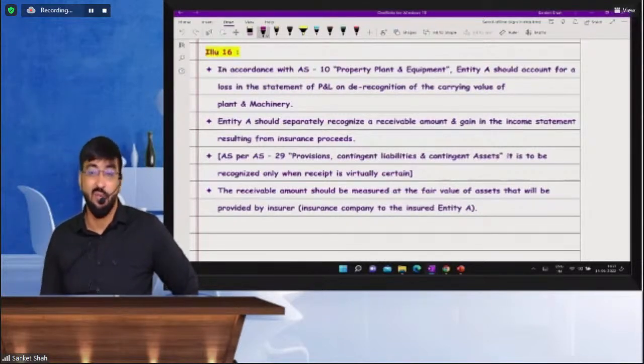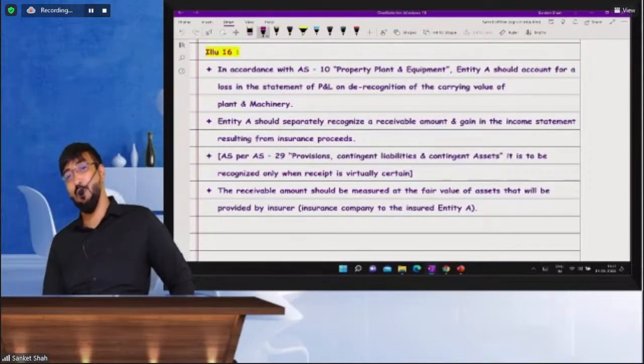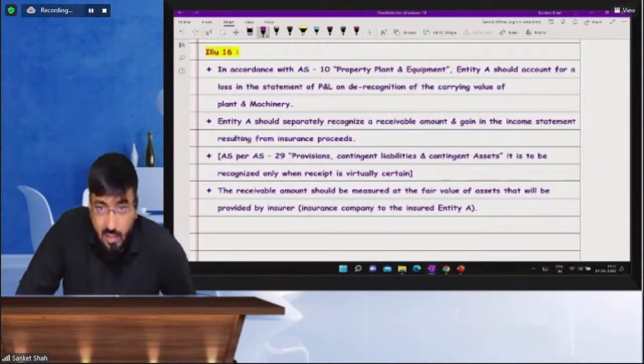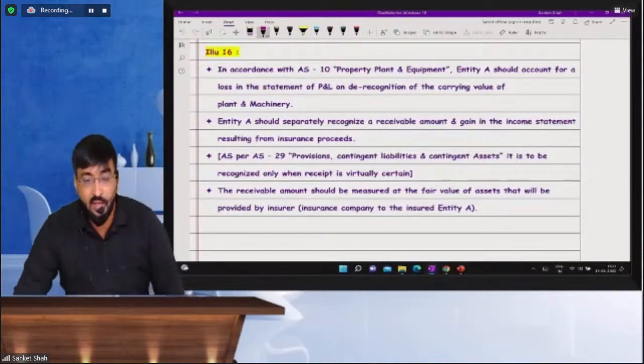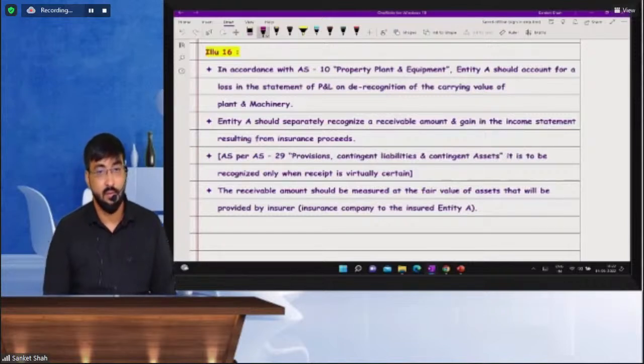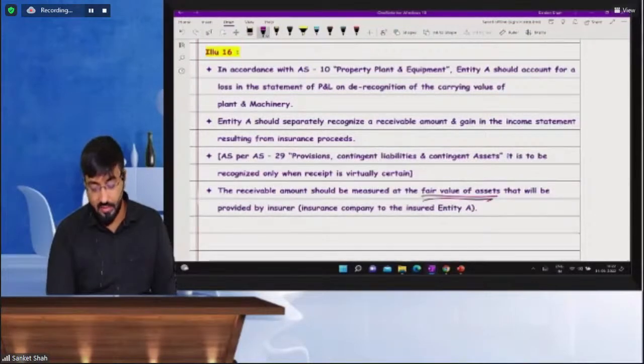AS 29 is not in my scope; that is also covered in the accounting standard group 2. The receivable amount should be measured at fair value of the asset that will be provided by the insurance company to the insured Entity A. So you must record this asset at fair value.